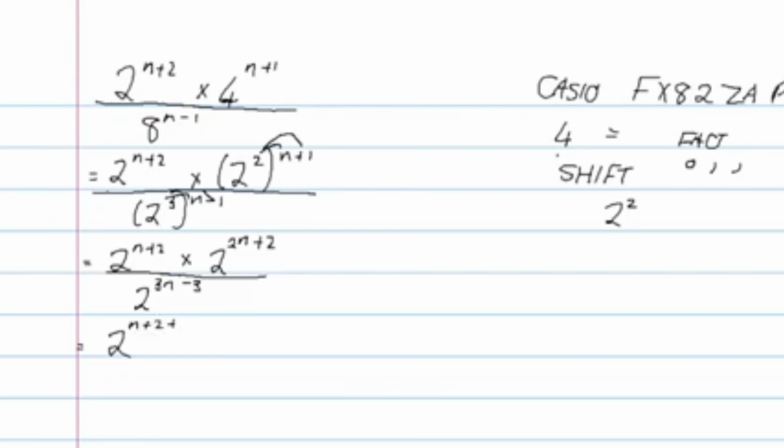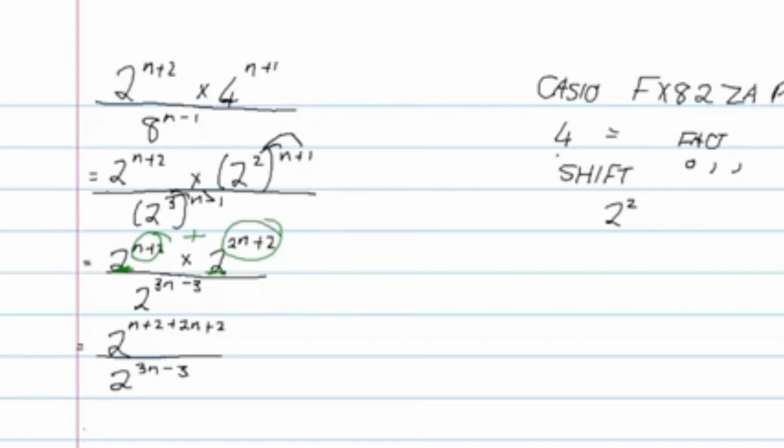So what do you do if you are having multiplication? You take one base and add the exponents, and then you divide by 2 to the power 3n minus 3. So now you have two numbers with the same base, and they are dividing.